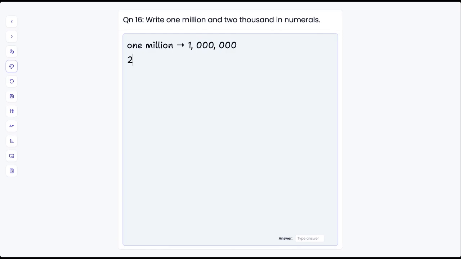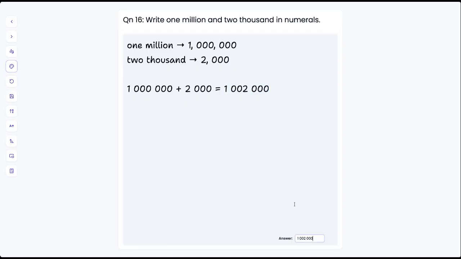What about 2,000? If you combine them, 1,000,000 which is 6 zeros, plus 2,000 equals 1,002,000, right? Okay, there you go. So that's the answer. All right, let's move on to the next question.